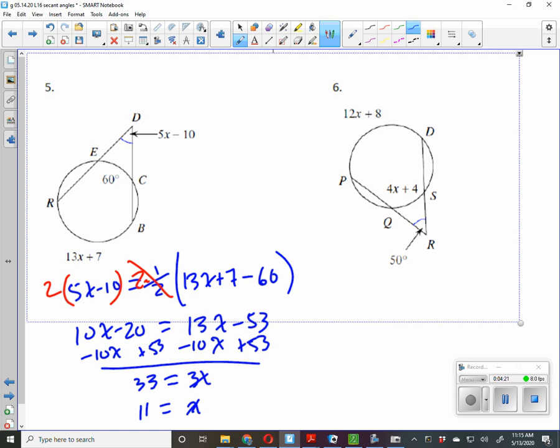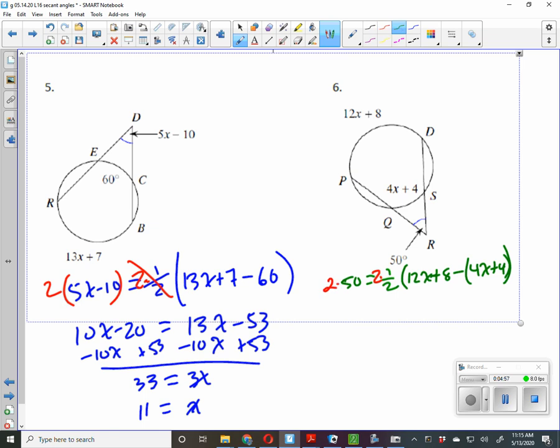What about this one now? Again, notice that we've got 50 is equal to half the difference of these, 12x plus 8 minus, I'm going to have to put this in parentheses, 4x plus 4, because we have to distribute that negative sign in order to collect like terms. So again, let's multiply through by 2 on both sides.